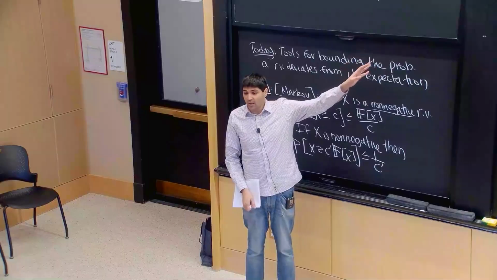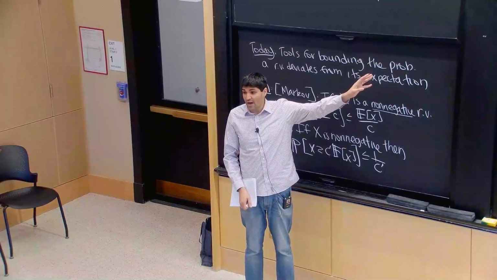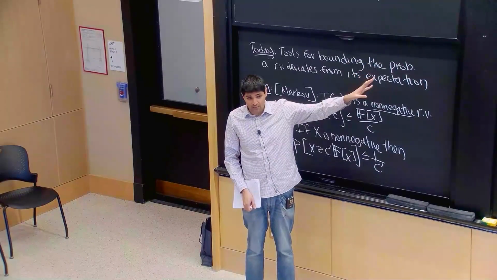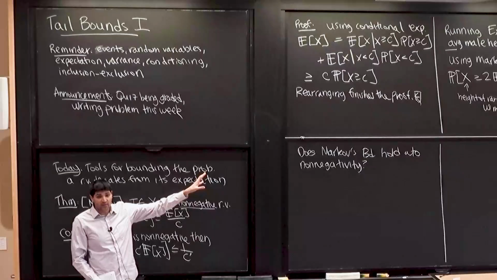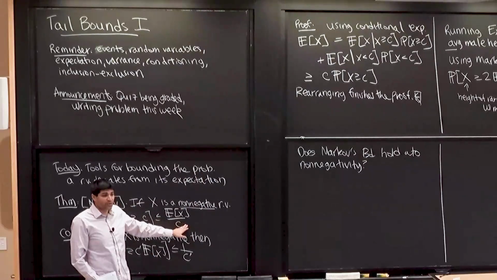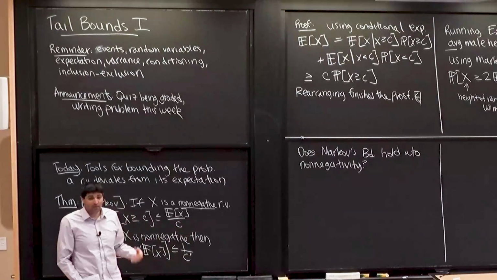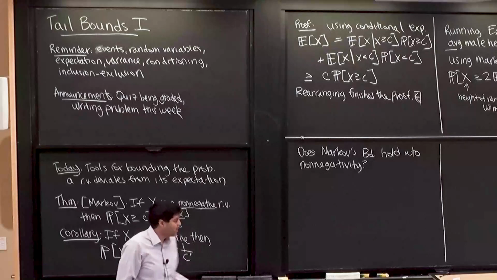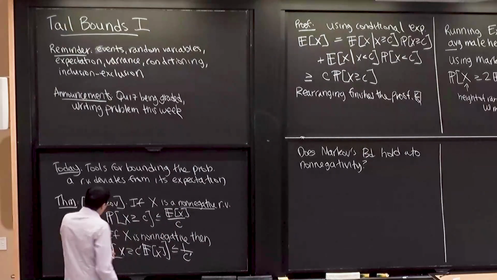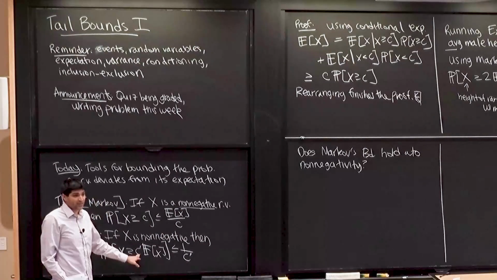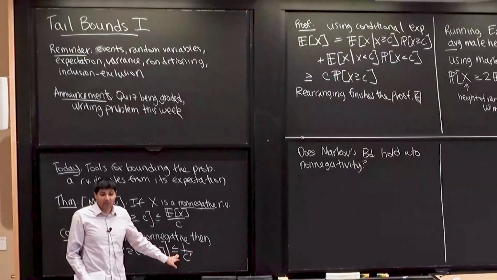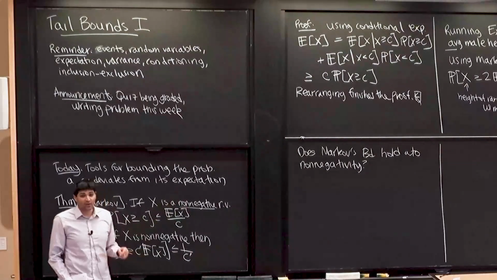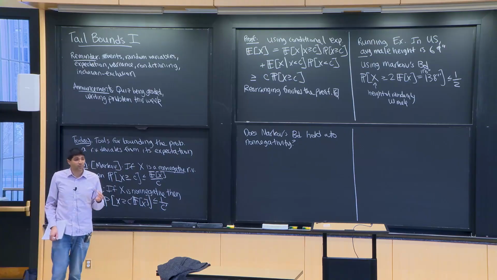In the proof I gave you, I definitely used the fact that x was non-negative. We talked about where we used that. But could I hope for some bound that looks like this, even when x is not non-negative? Maybe there's some other proof out there that doesn't use non-negativity that still bounds the probability that x is twice its expectation by a half or something like this. I claim that this is spectacularly false, but this is good intuition.